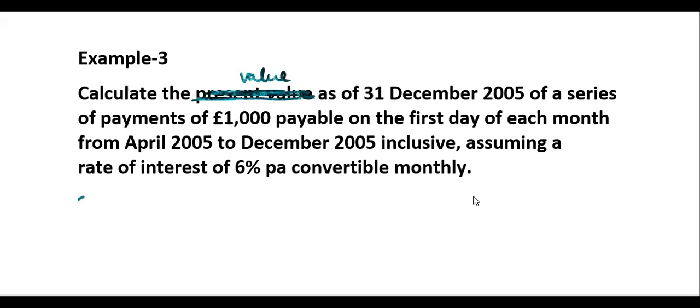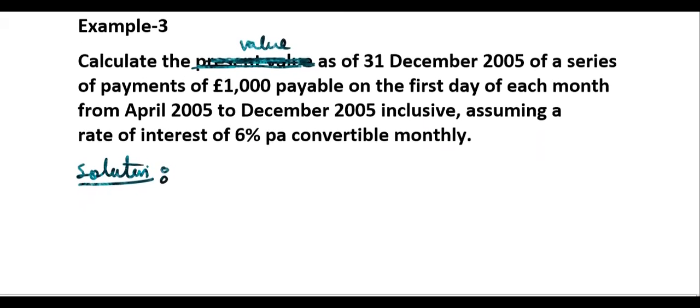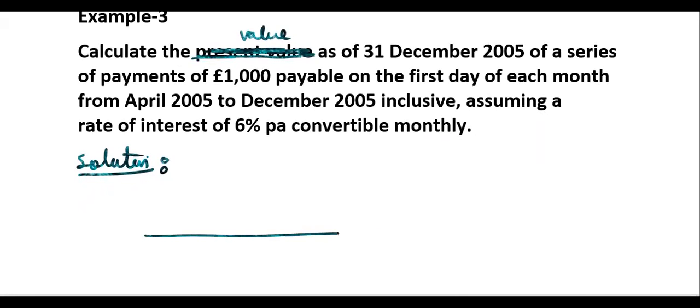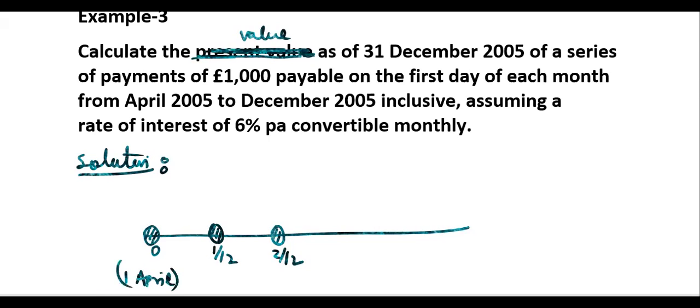If you see the question, we have monthly payments, 1 December, and it starts from 1 April. This is 1 April. Okay, we'll take this as 1 April.